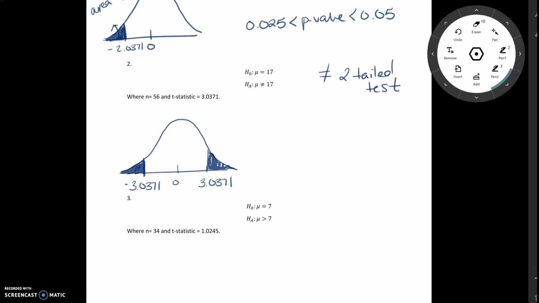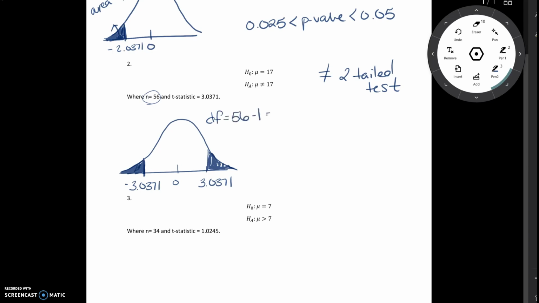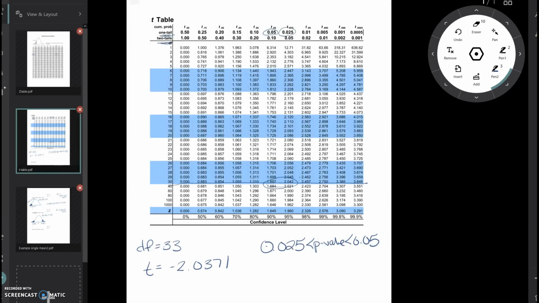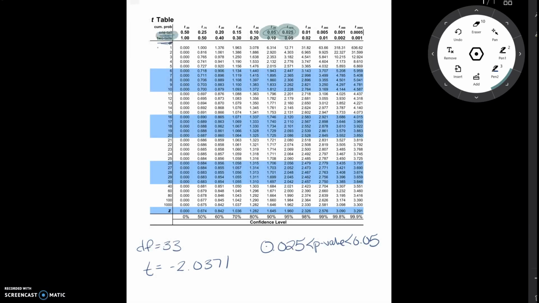I'm going to use the t-table to help me. Again, n is equal to 56, so I need a t-distribution with degrees of freedom equal to 56 minus 1, which is 55. Let's go back to our t-table. I'm going to erase the previous work.